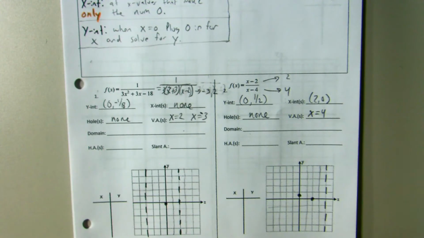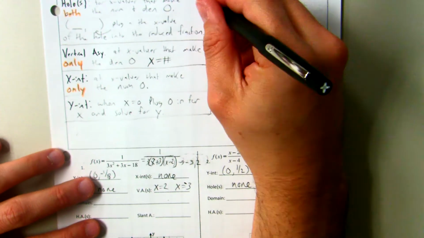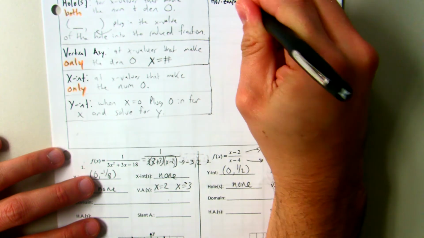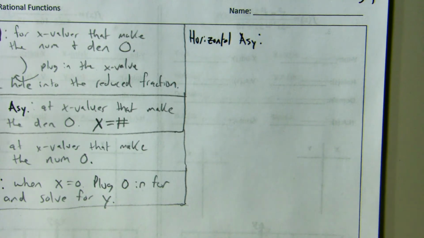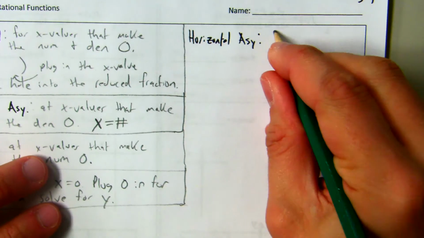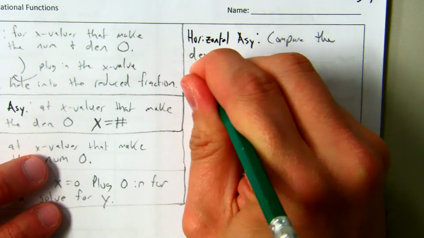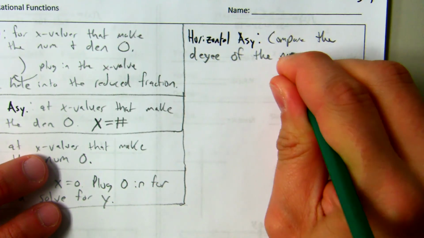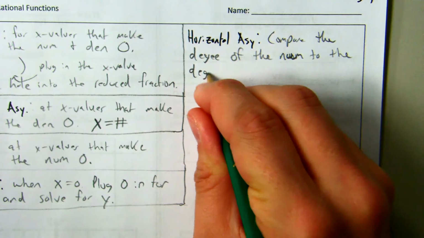I'd say maybe the next one that makes sense would be horizontal asymptotes. And to find a horizontal asymptote, whether it has one, or where it's at, you have to compare the degree of the numerator to the degree of the denominator.